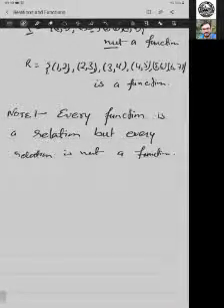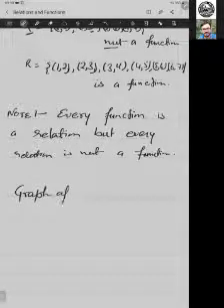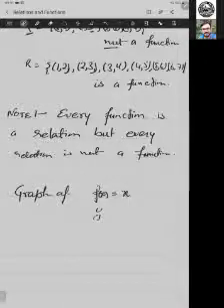So the first graph is f(x) = x. f(x) can also be said as y. y = x, its graph we are making.